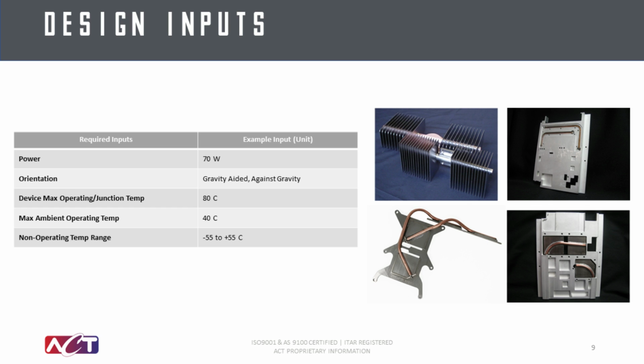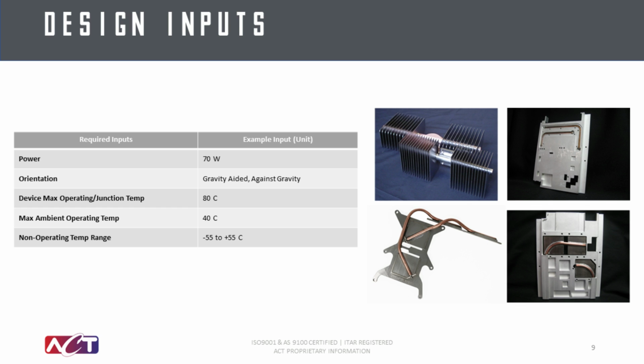When we flip that and my heat source is now above the plane of my condenser, now it's against gravity orientation, where my fluid return from my condenser to my evaporator is going to fight against gravity as it comes back. The thermal resistance for a properly designed heat pipe will not change whether it's operating gravity aided or against gravity. What will change is the transport capacity for that pipe, and we're going to talk about that in a moment.